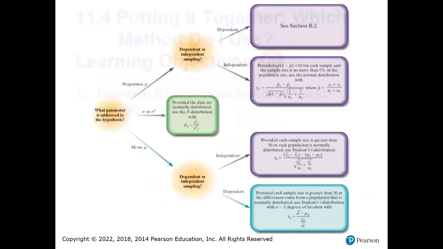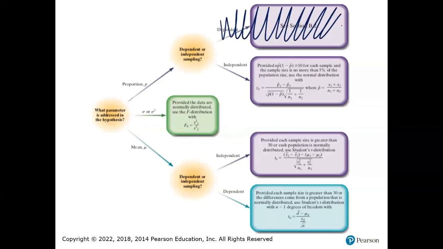Review slide here. If we are working with a proportion, the only one we are doing here is independent. We're going to do proportion stats. We are not doing standard deviations with the samples. Means we did both independent and dependent.